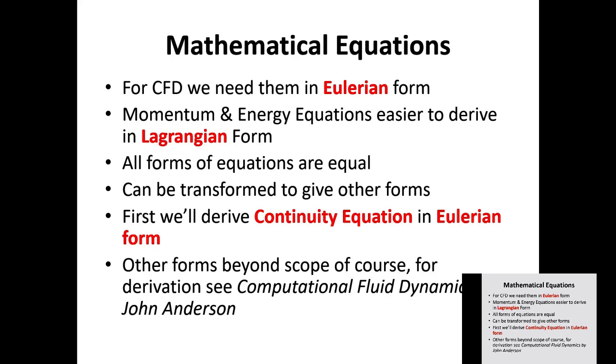For CFD, in your mesh, you were representing the equations in Eulerian form. But it is easier to derive the momentum and energy equations in Lagrangian form. The equations are the same, but it's a different representation when you go from Eulerian to Lagrangian form.